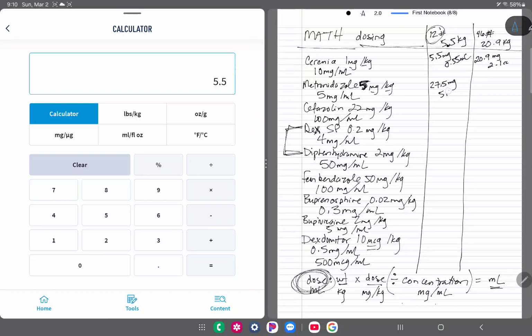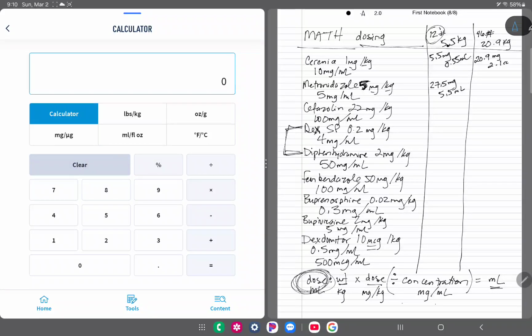So now that's amusing. 5.5 was my kgs, and it ends up being my actual milliliter dose I'm going to draw up. Sometimes math is fun like that, and if you get used to your doctor's dosing that they like for each one, and you get used to the concentrations of each one, and they just basically math out to being the kgs, that's pretty cool. That's an easy way to remember what you're doing with that drug.